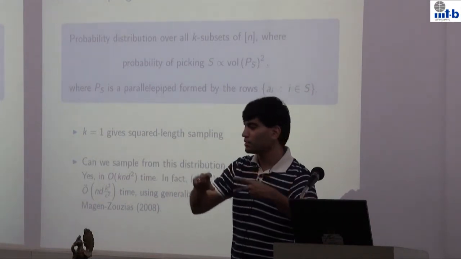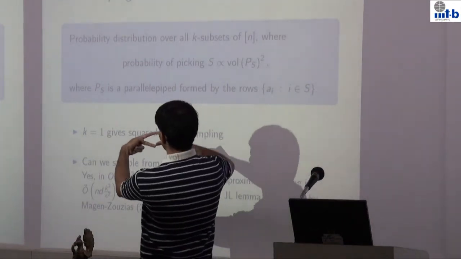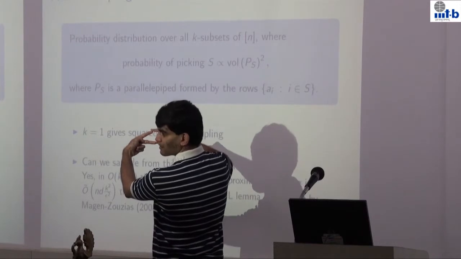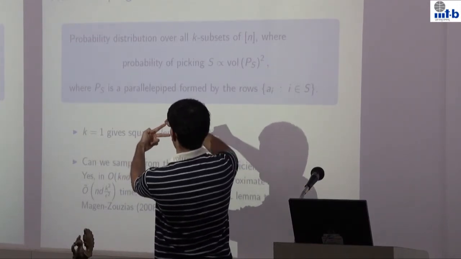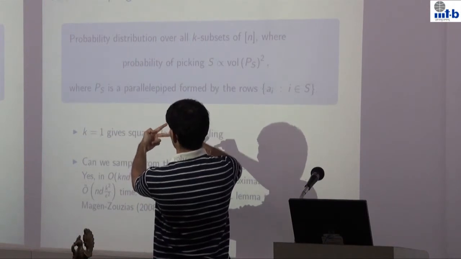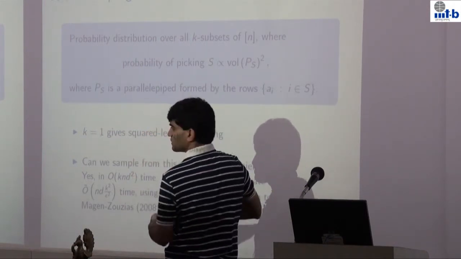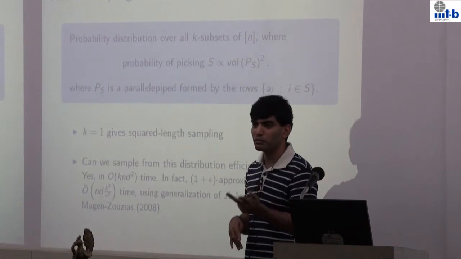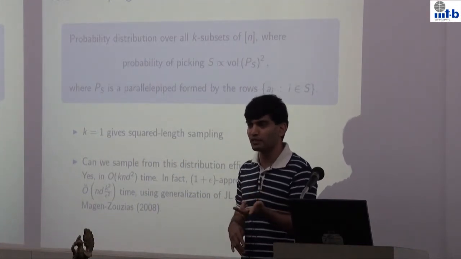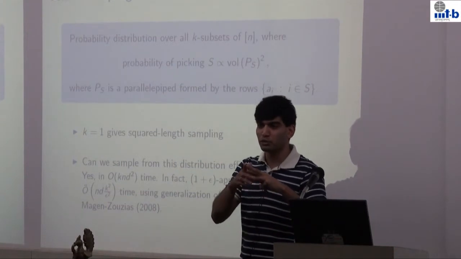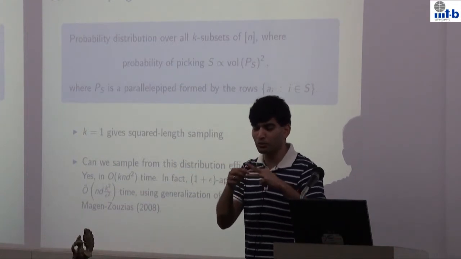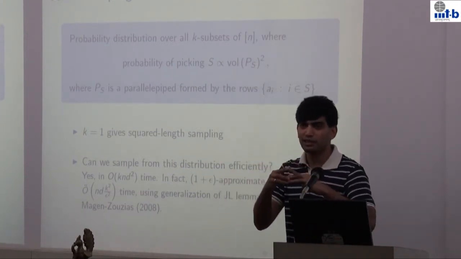If you pick a pair of vectors, they form a triangle at their endpoints. There is the origin, and these are two points which I am also thinking of as vectors. They form a triangle. So we could pick a pair with probability proportional to the squared area of the triangle. Pick a triplet with probability proportional to the squared volume of the simplex that they form.